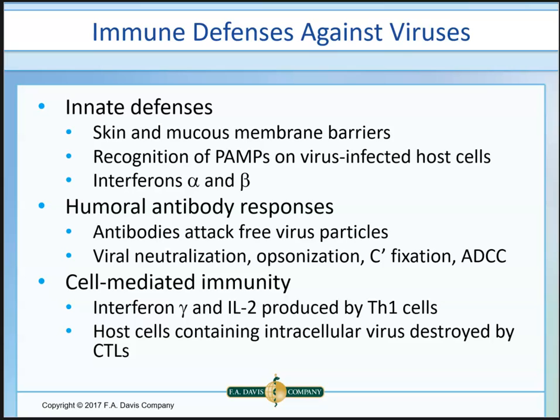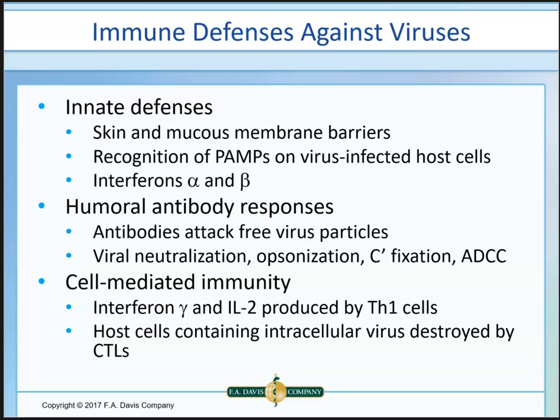The innate defenses are the skin and the mucous membranes. Again, we have to recognize the PAMPs on the virus-infected host cells. And we have interferons alpha and beta, which are there to also tell us about viruses. Remember, they're a huge type of cytokine that's out there.